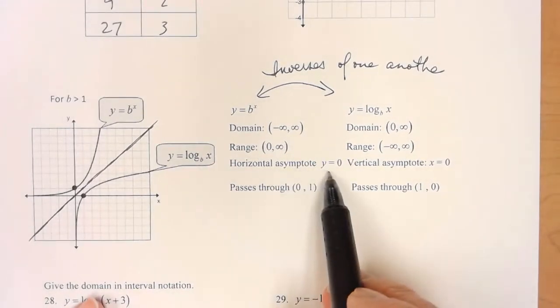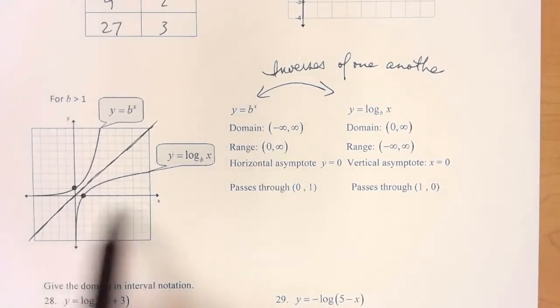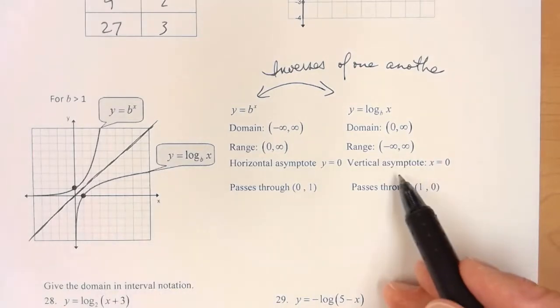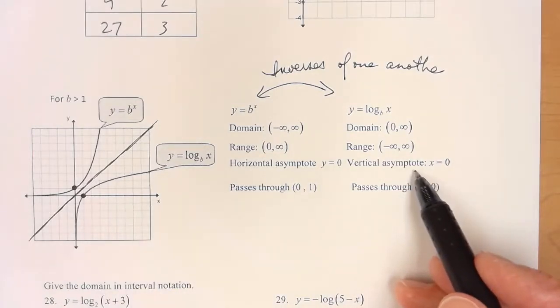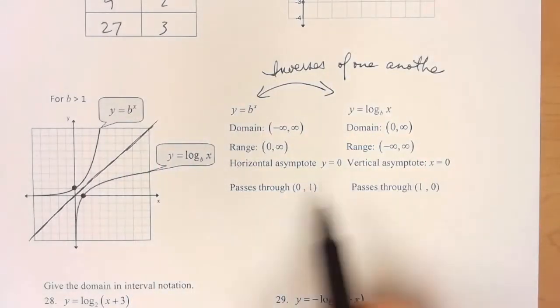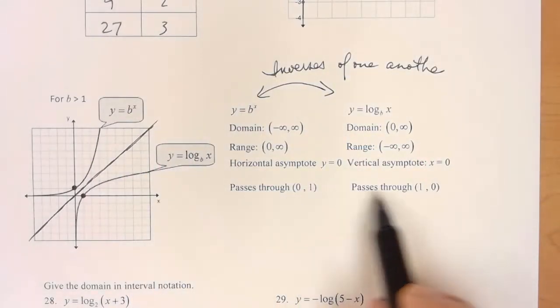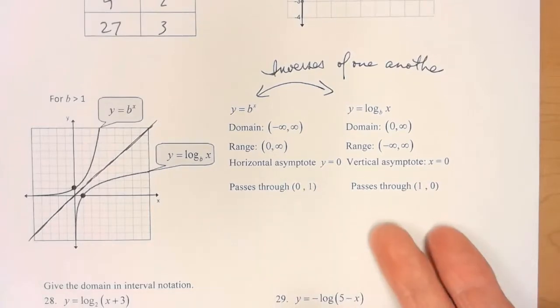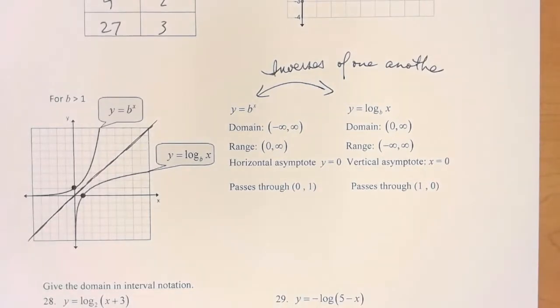The horizontal asymptote for my exponential is y equals 0, but the logarithmic has a vertical asymptote, which is x equals 0. The exponential passes through the point (0, 1), and if you reverse those, the logarithmic passes through the point (1, 0). So they are inverses of one another.